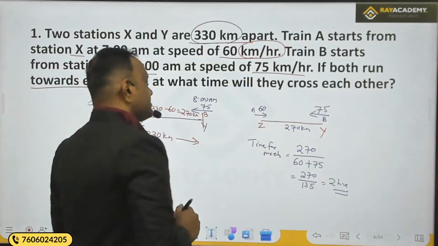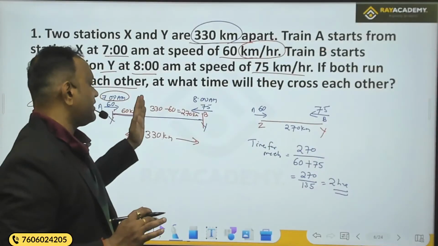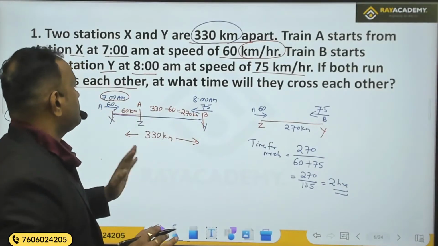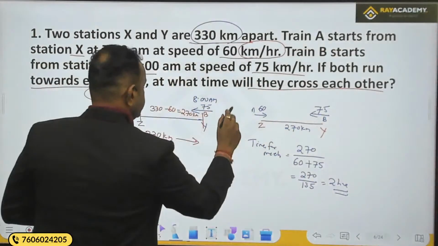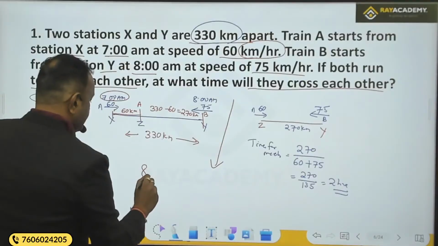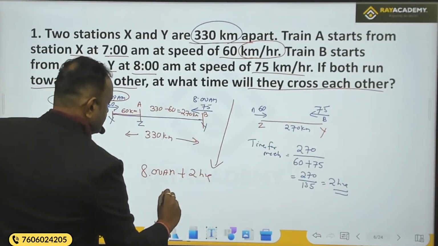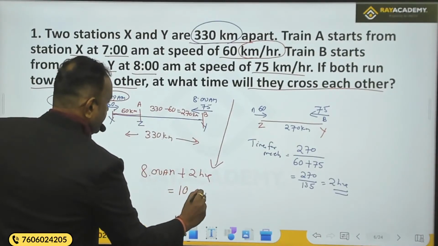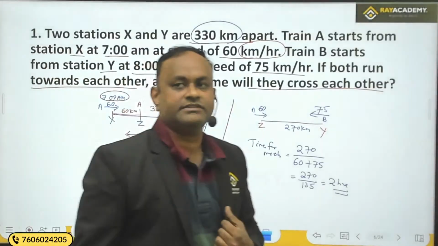They need 2 hours to meet, after 8 am. So when they cross each other, that is 8 am plus another 2 hours, so 10 am is the answer.